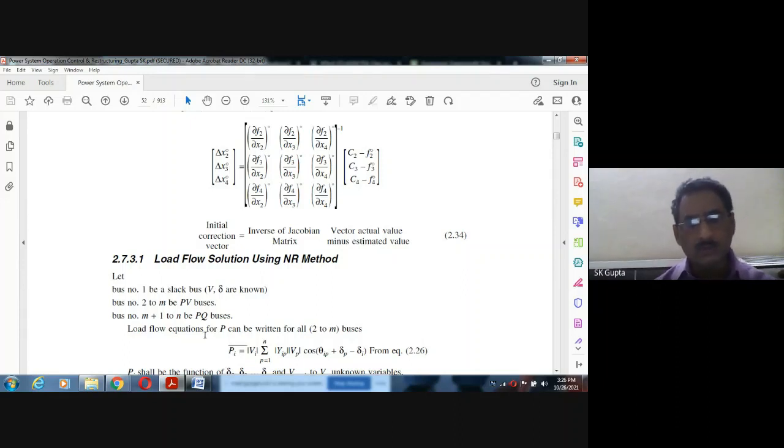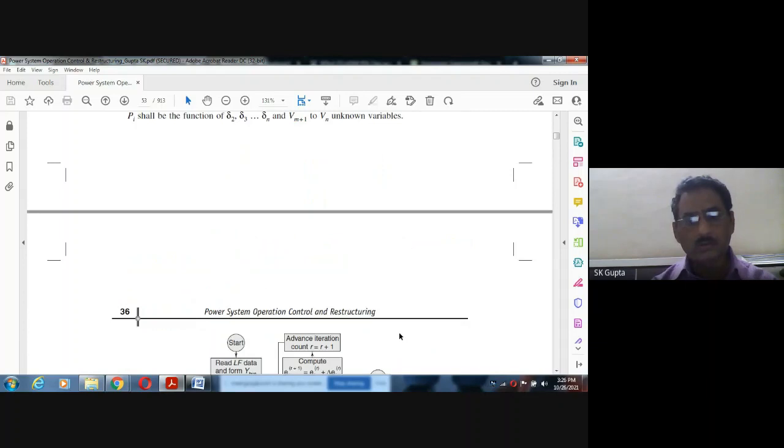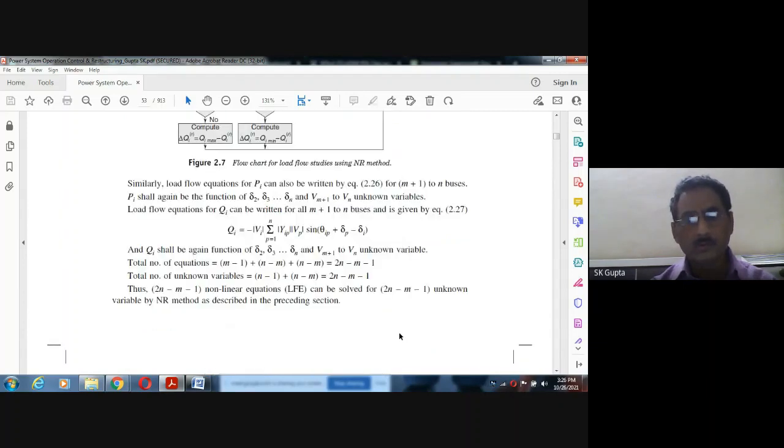Now some buses are PQ buses, m plus 1 to n. So what is given? P and Q are given. We have already taken Q; the equation of Q is this. The equation of Q is again a function of sine theta. These are the magnitudes and this is the angle.